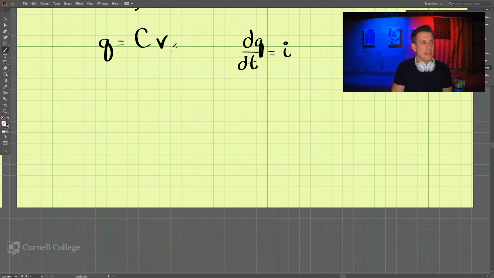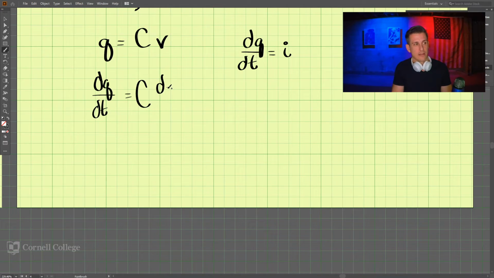So if we take the derivative of the left-hand side, we get dq dt, and then we take the derivative of the right-hand side, we get dv dt here.